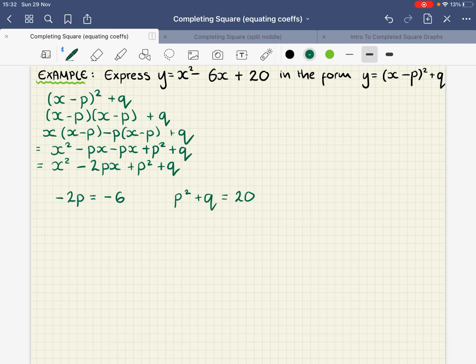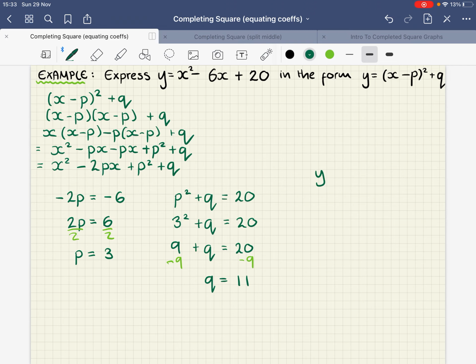So that minus 2p equals minus 6, well, first I am just going to get rid of the minuses on both sides. And then I'm going to divide by 2 to give me p equals 3. Then I want to substitute that into my p squared plus q. So it's going to be 3 squared plus q equals 20. So that's going to be 9 plus q equals 20. Take away the 9 on both sides. And it's going to leave me with q equals 11.